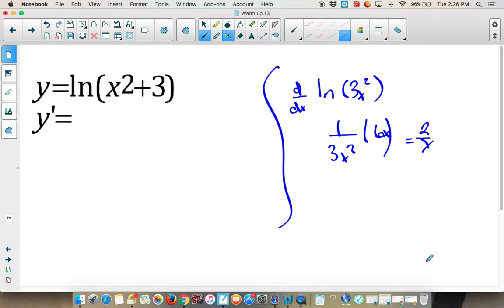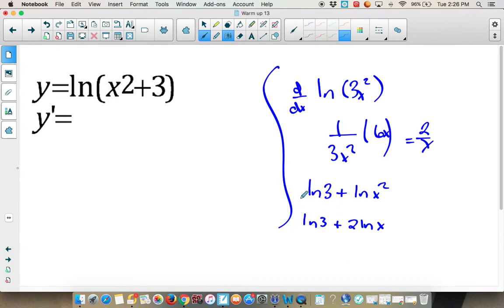That was a little weird, but if we think about this in terms of logarithms, that's ln of 3 plus ln of x squared. All I've done is expand it, and I'm not even done expanding. That's ln 3 plus 2 ln x.